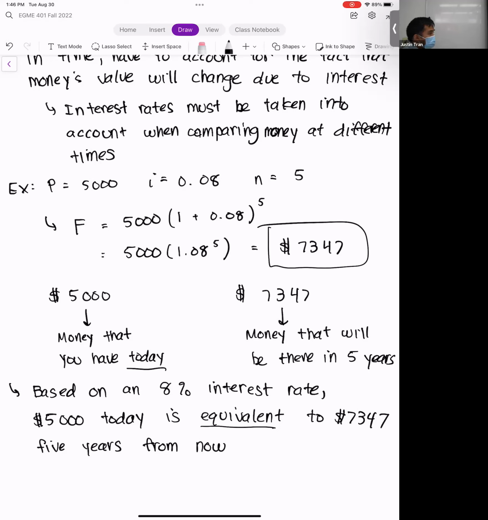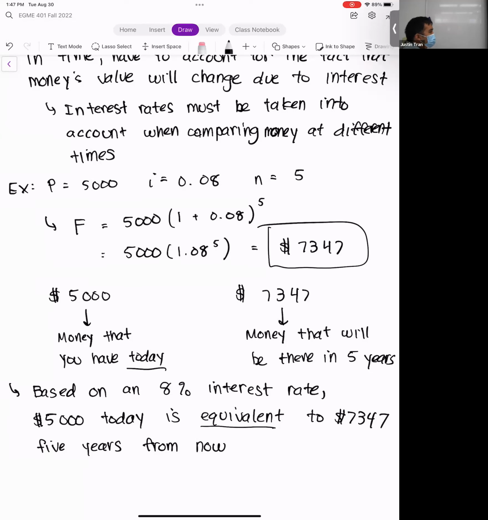One way that you can think about it is that the $5,000 that you have today, its equivalent value is going to be $7,347 in 5 years. This concept of equivalence is a little bit of an aside, but if you're interested in investing money in stocks or crypto, this is something that you should be very familiar with. Usually for those kinds of mediums, you take money that you have today and invest it in the market.